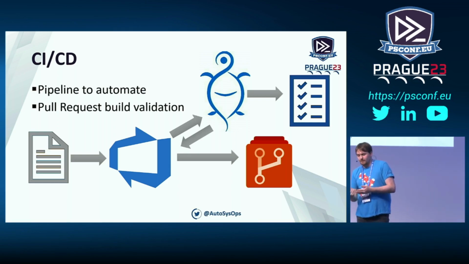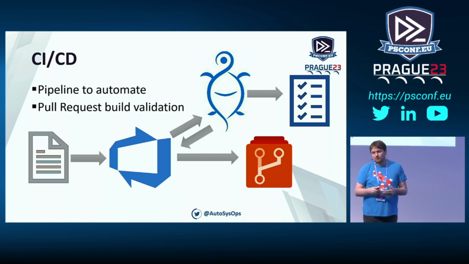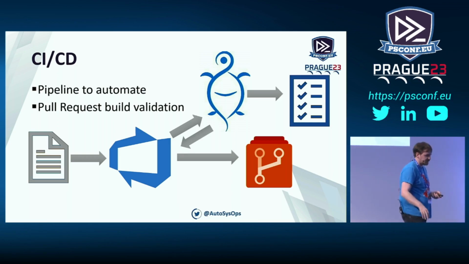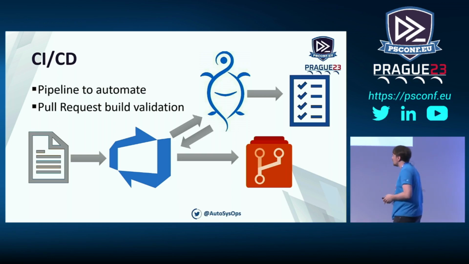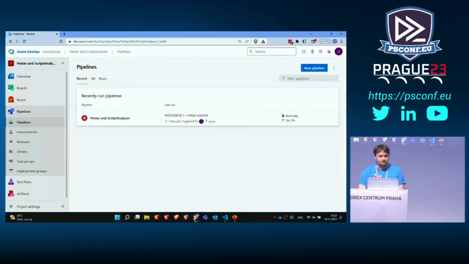But let's get back a little bit. Maybe I just want an automated way of running all these tests. So once in a while, I just want to run these tests on my code base. Well, in Azure DevOps, we have something called pipelines, which is equivalent to GitHub Actions.